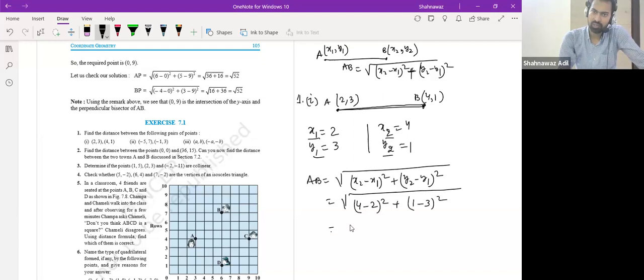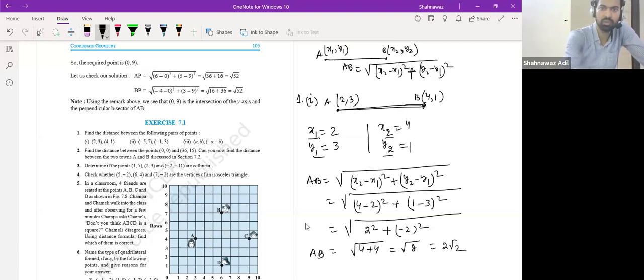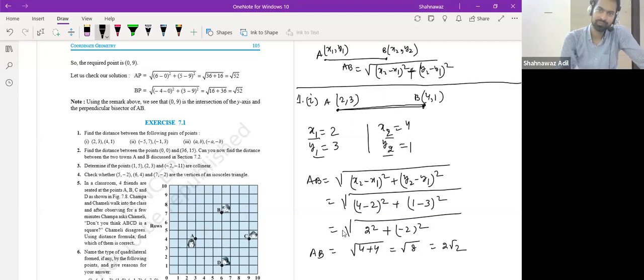So this is 2 square and this is minus 2 square. So 4 plus 4, 8, which is root of 8. And yeah, so this is the distance. You guys quickly note it down, and if you have any problems, you can ask. This is the first question.